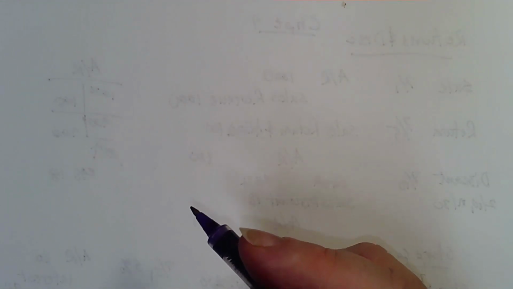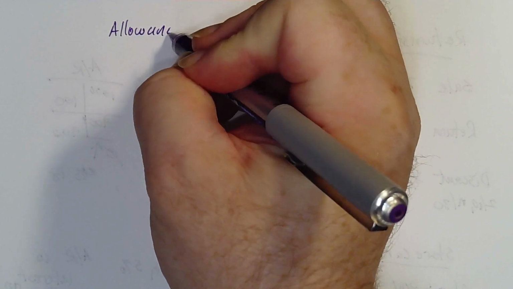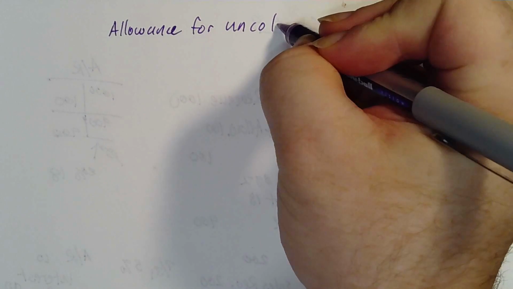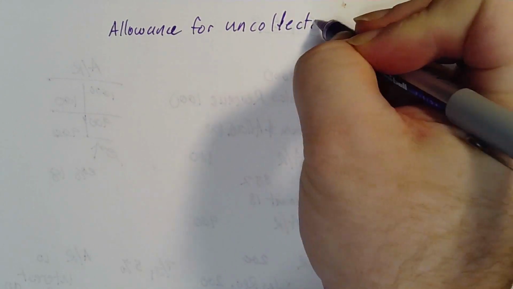So the method that we're going to use is called the allowance for uncollectible amounts. And there's going to be a couple of steps to it.